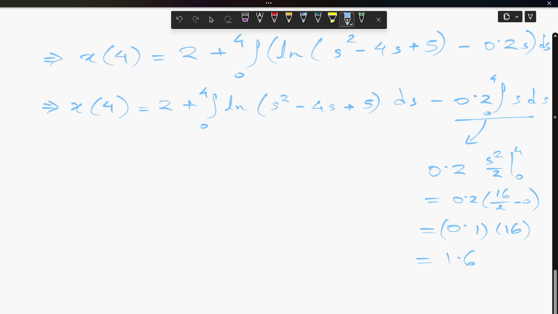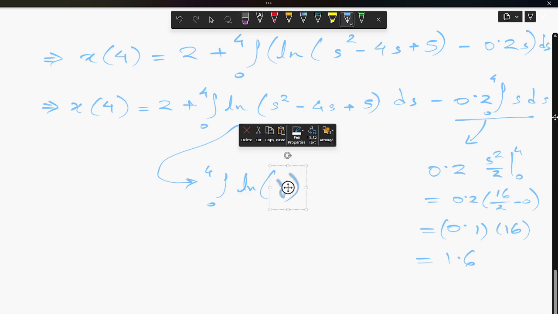So now we have to evaluate the middle integral. Okay. So how can we do this? We can do another thing. Let us take the integral from 0 to 4. Let us make this whole thing x. No, x is a variable here. Let us make the whole thing y. So y is s square minus 4s plus 5.